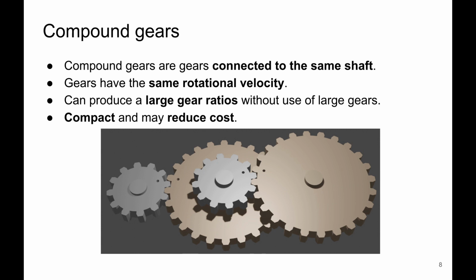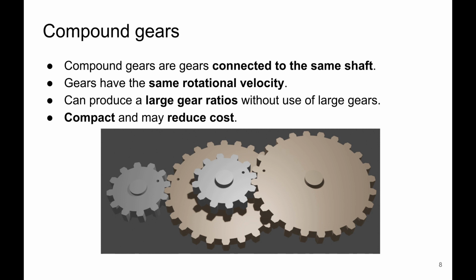You'll notice, therefore, that there is a gear ratio applied between the driver and this intermediate gear, and then between the intermediate gear and the driven gear, there is another gear ratio. Because of this, compound gears can produce a very large gear ratio without the use of large gears.